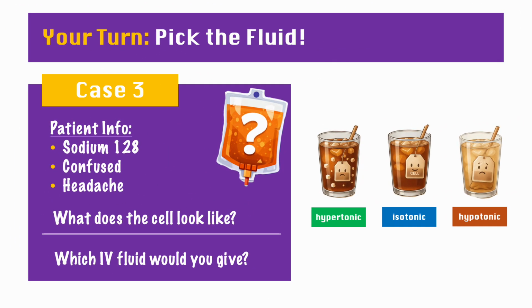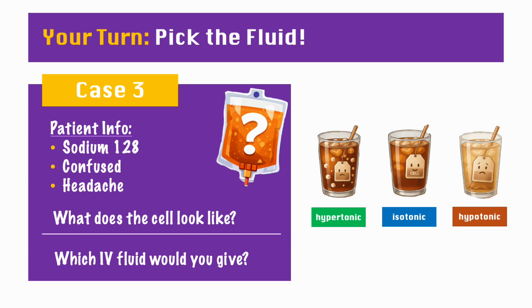In our last case, the patient's sodium is 128. Remember, sodium is 135 to 145. The patient is also confused and has a headache. So based on that information, what do you think that patient's cells currently look like? Remember, water follows sugar.